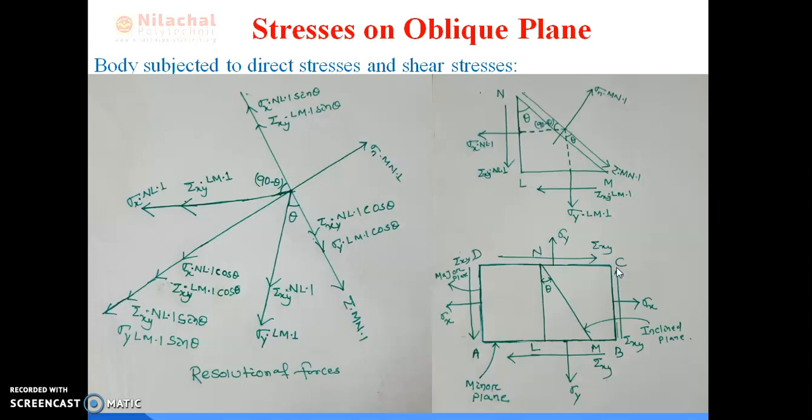Now we have to study the complementary shear stress along side DC, along BC, BA and DA. As the body ABCD is acted upon by shear stress, sigma x and sigma y, a failure may take place at the oblique plane MN, which parts the body into AMND and BMNC.